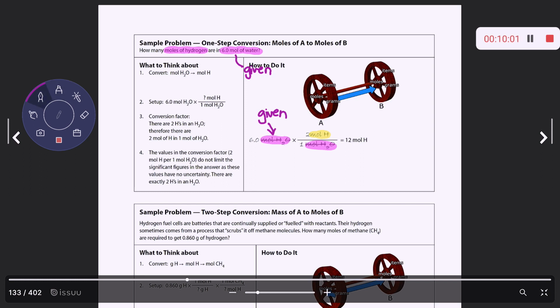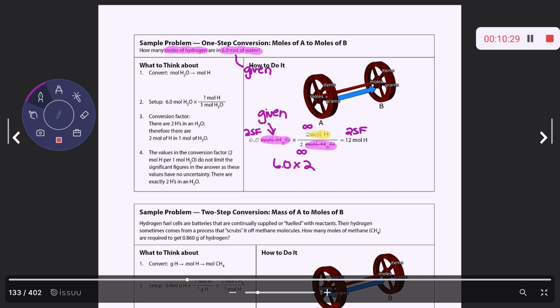There are 2 hydrogens in water, so they put 2 moles of hydrogen over 1 mole of water. Here you're multiplying across 6.0 times 2. That's how they got 12. Since you can physically count the number of hydrogen and oxygen in the formula, these are exact, so these have infinite sig figs. This has 2 sig figs, and this has 2 sig figs. Does that make sense?